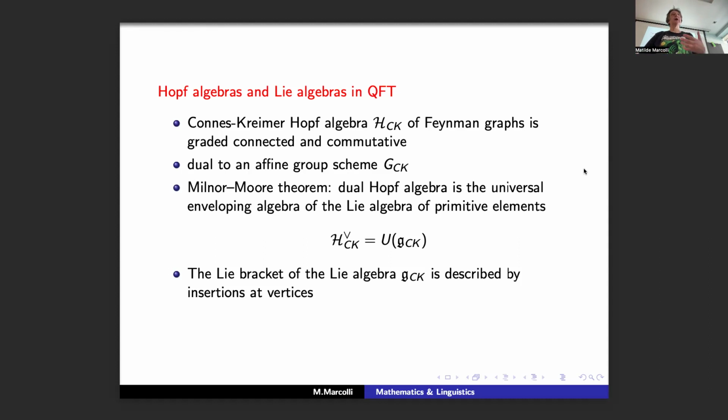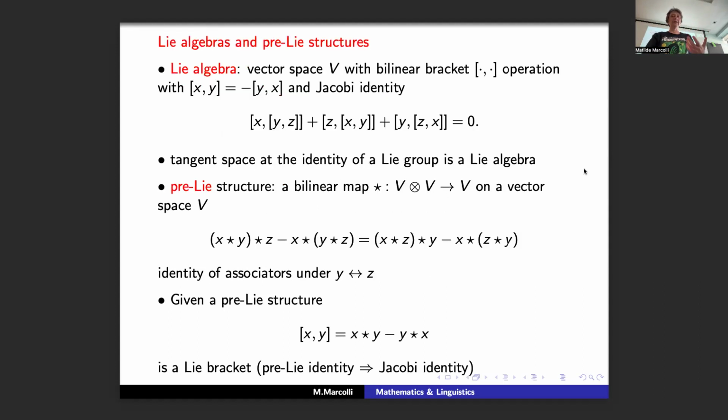And it has the same structure as the one that we have discussed before, where you have these insertions that happen not like merge at the root, but that insert into some inner part of the tree. And here you do a similar operation on the Feynman graphs.